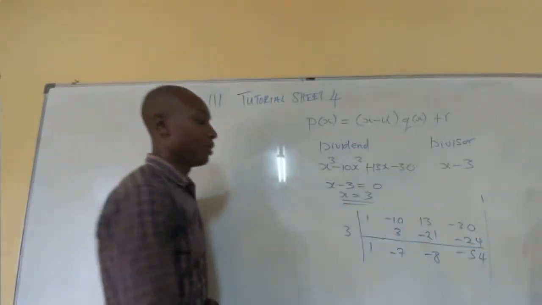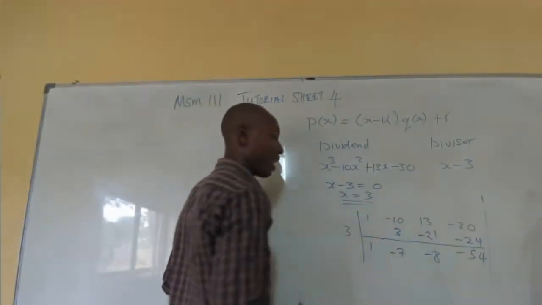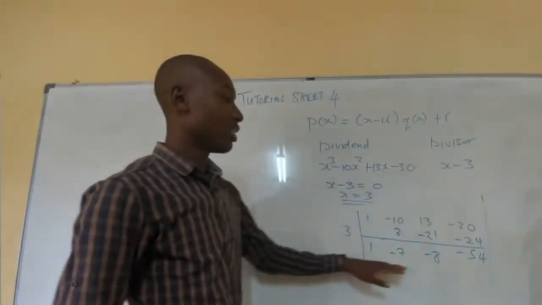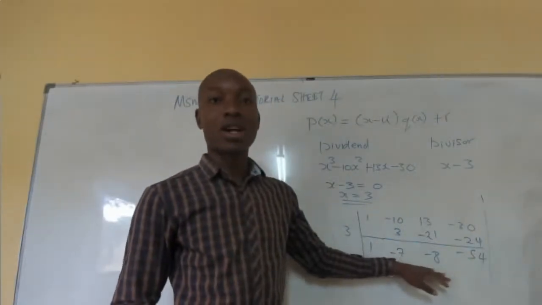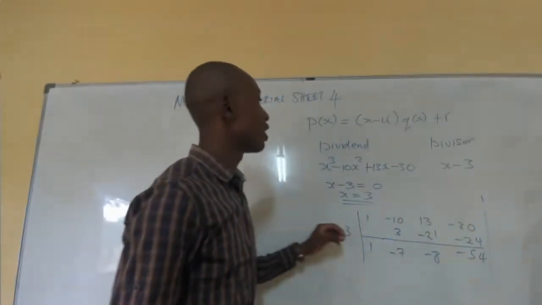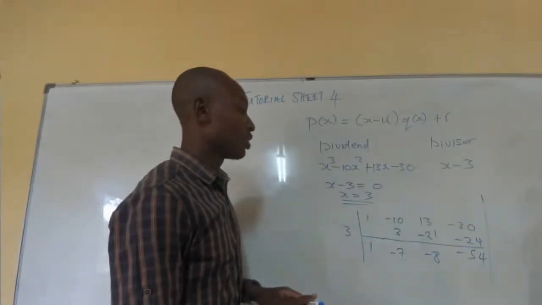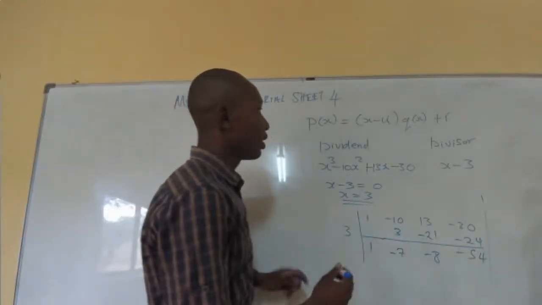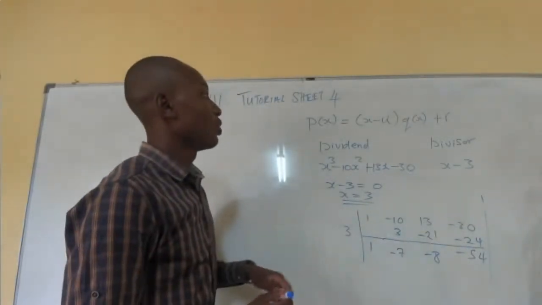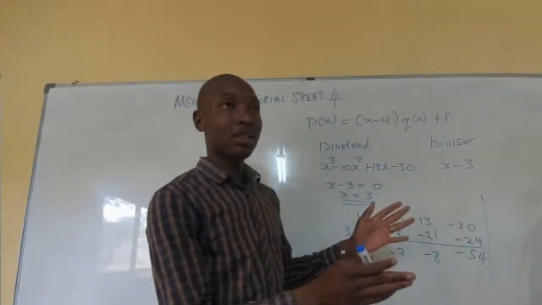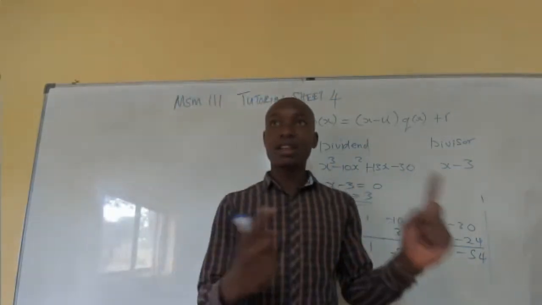Now this part here is the coefficients of the quadratic that results from this. If you think of long division, we had the quotient, the divisor, and the dividend.